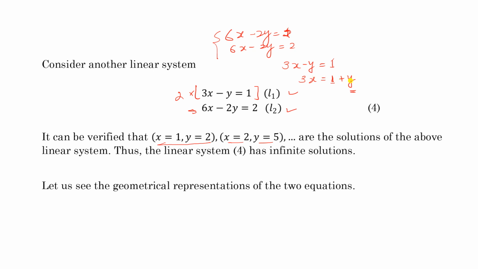For example, if you put y equal to 2, then 3x equal to 2 plus 1, which is 3, and x equal to 1. So this one is x equal to 1, y equal to 2. Similarly, assign different values to y, then you will get different values of x, and infinitely many such solutions will be there because you can assign infinite values to y. So this linear system has infinite solutions.